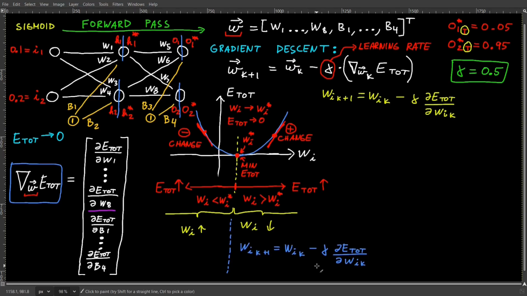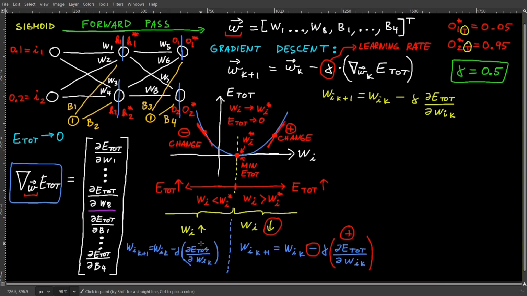And so, on this side, you can clearly see that this change is positive, which means that this equation will decrease the weight, bringing the error closer to 0. And that's because you have a minus sign here, and the derivative is positive.